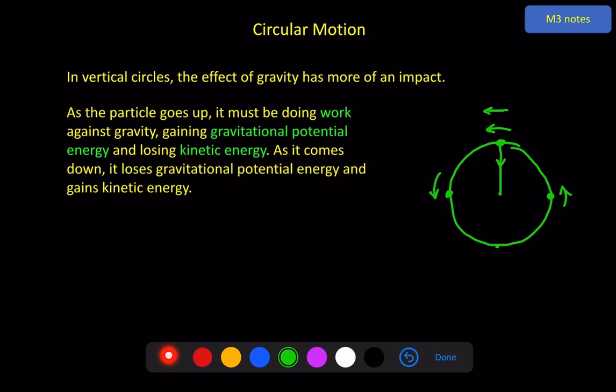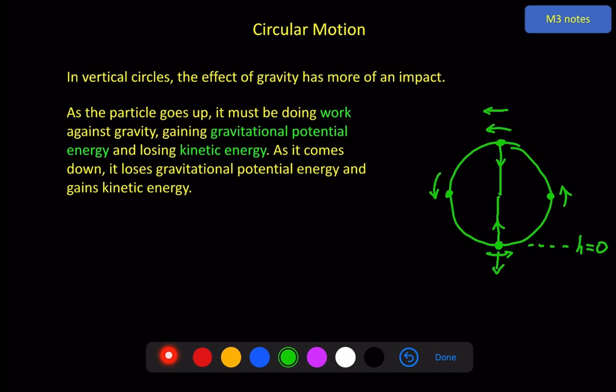And then down at the very bottom here, this is where our tension is going to be at its greatest, because it is having to hold up against the weight as it comes around, and it's got its least amount of gravitational potential energy. If you take this level here to be 0, then it's got 0 gravitational potential energy, and it's got its maximum kinetic energy.